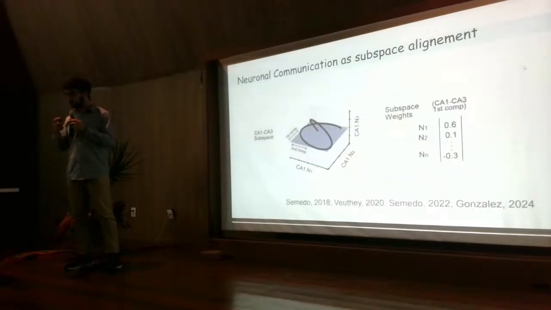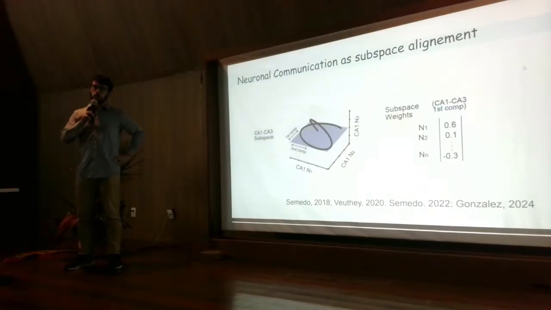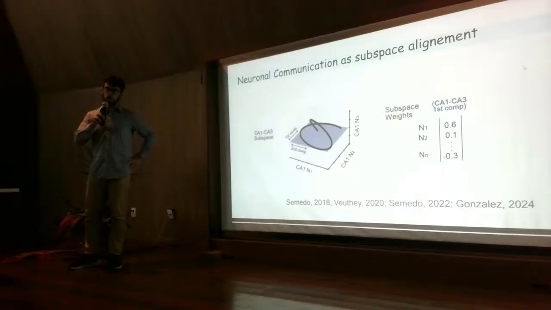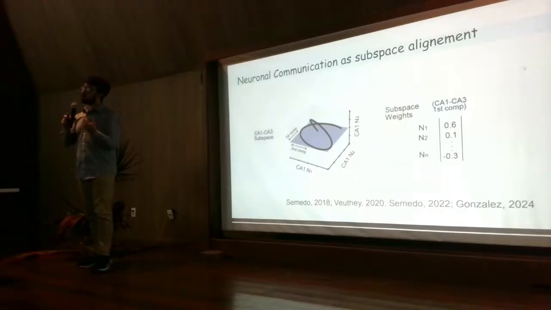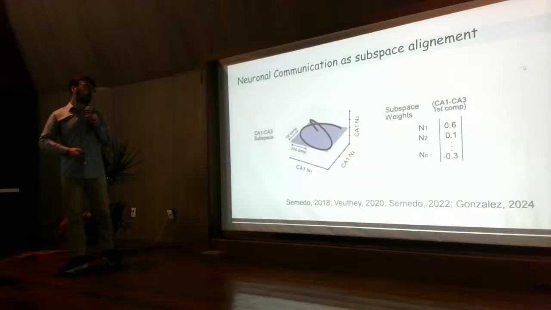This is an open problem that I will try to address at least to some degree. So we need to take a kind of mathematical detour, but I will try to make it as intuitive as possible. The idea is that we can think about neuronal communication as trying to find these subspaces. This word will come a lot in this talk. If we have recordings between two brain regions, only a subset of neurons will project from region 1 to region 2, for instance.